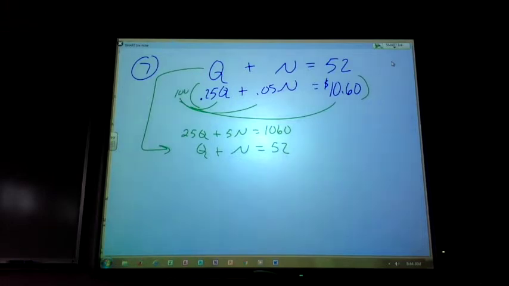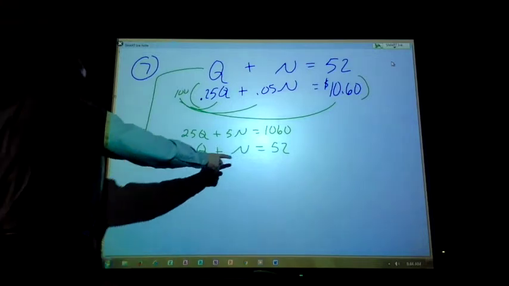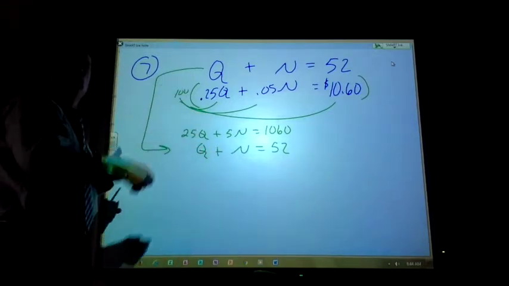If it was set up for substitution, I would know Q is equal to something or N is equal to something. But I have Q plus N. I don't have Q equals or N equals, correct?